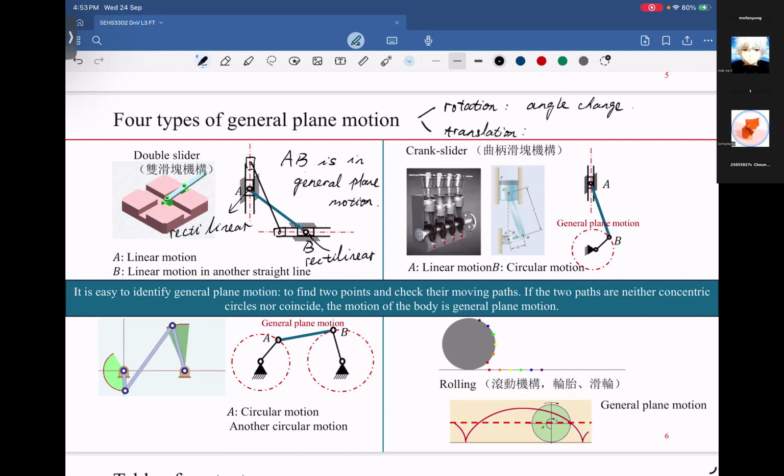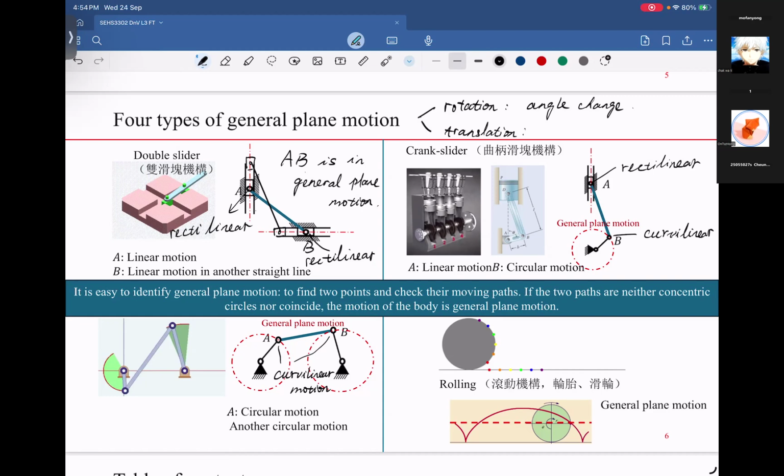For crank slider, point A has a rectilinear motion, but point B has a curvilinear motion. And if both endpoints have a curvilinear motion, the link AB is also in a general plane motion.